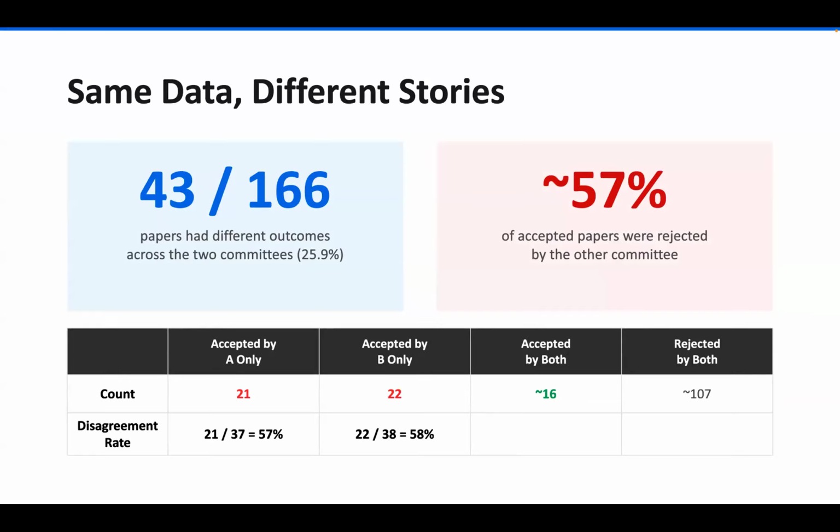So now, if we just understand what percentage of papers are accepted by A only in comparison to how many are accepted in total, that's 21 divided by 21 plus 16, which comes out to around 57%. A similar number is there for the second one as well. So basically, 57% of accepted papers were rejected by the other committee.